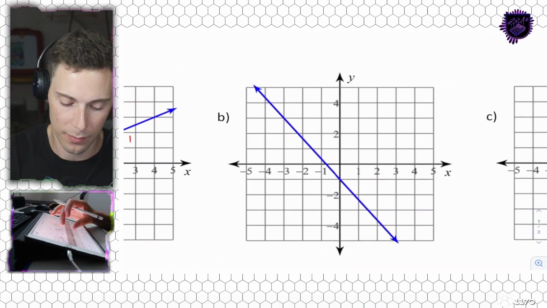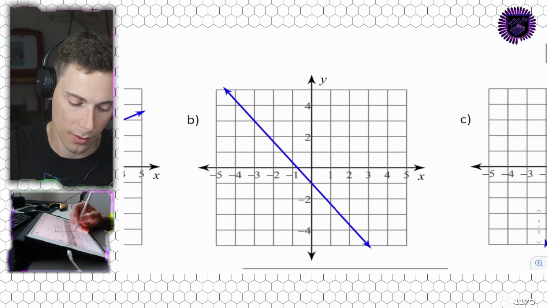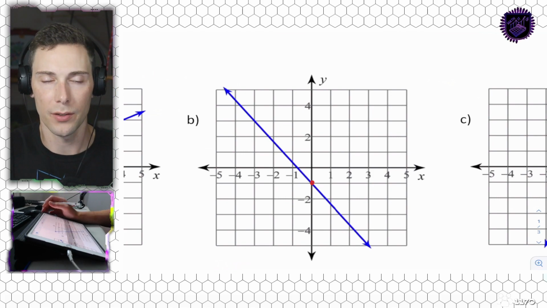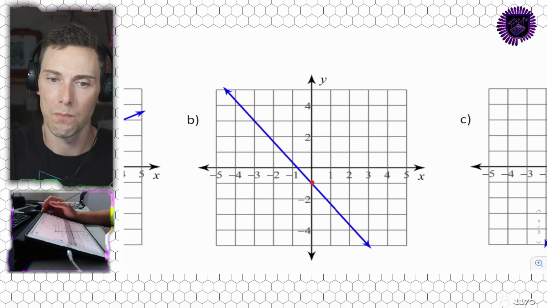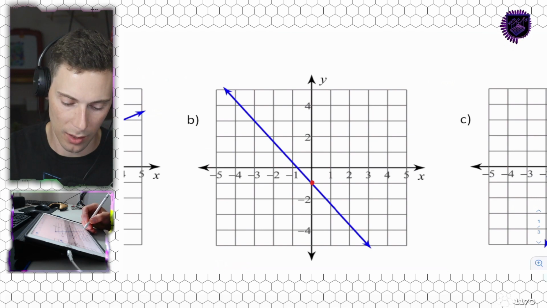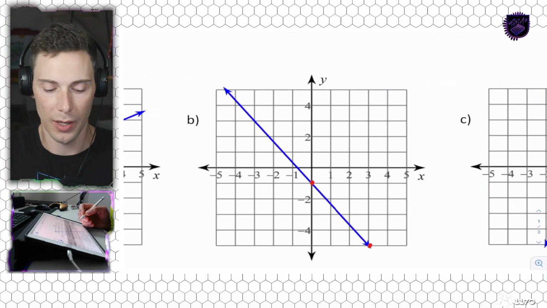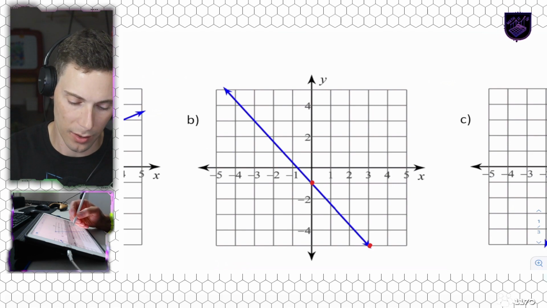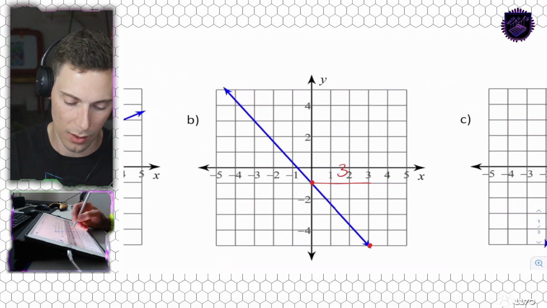The next one, once again, there's our y-intercept right at -1, and then we have our slope. Our next intersection is all the way down at the bottom of the graph. So we have a run of 3 and a rise of -4.